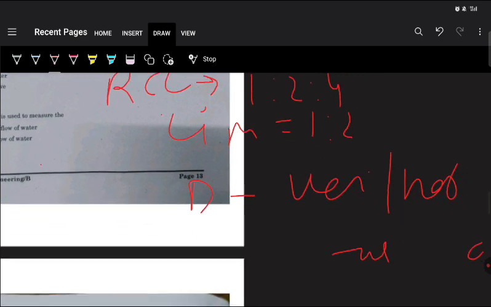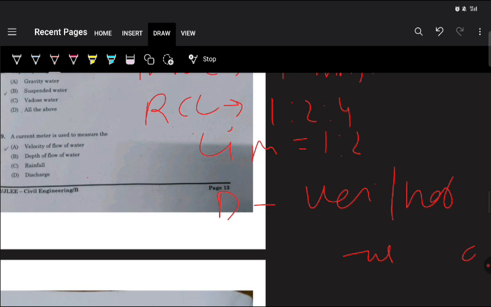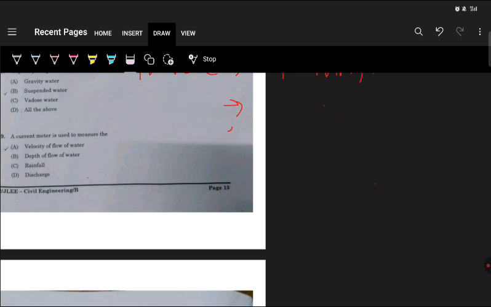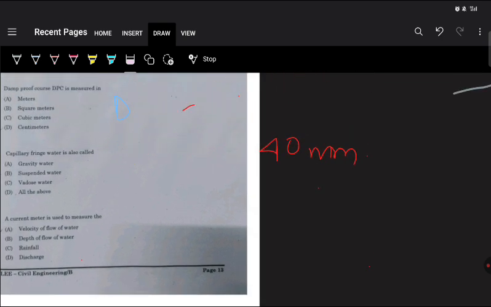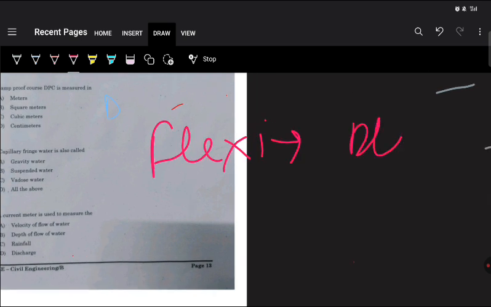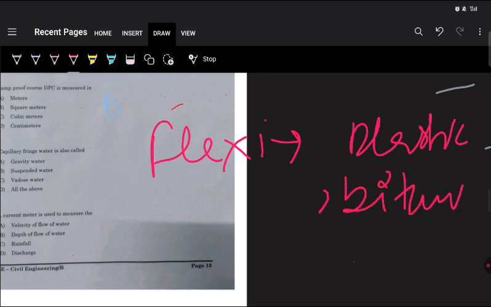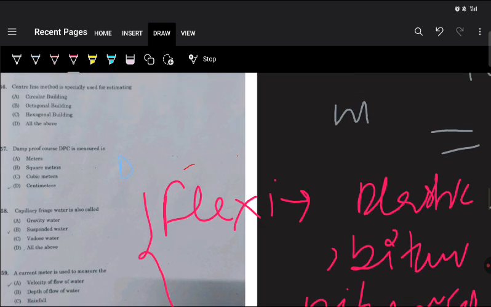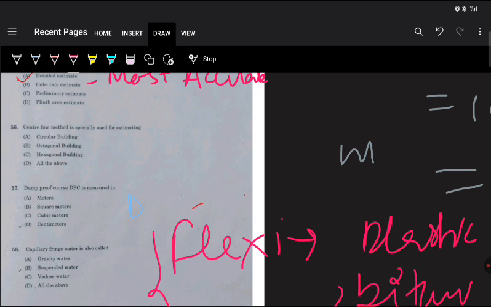And there are materials that we provide as DPC material. So what are the materials? First of all, flexible material. Flexible materials include plastic sheet and bituminous felt, these are important.